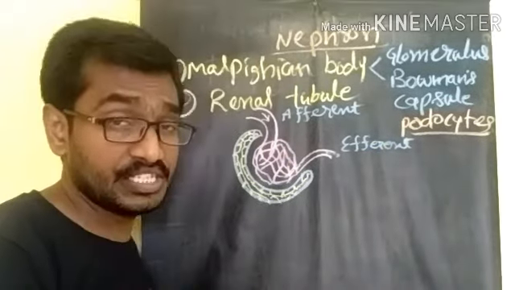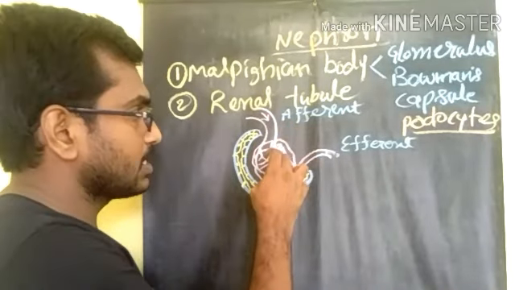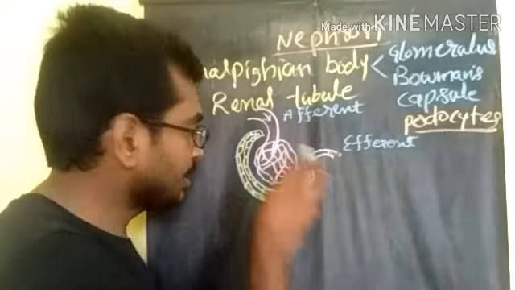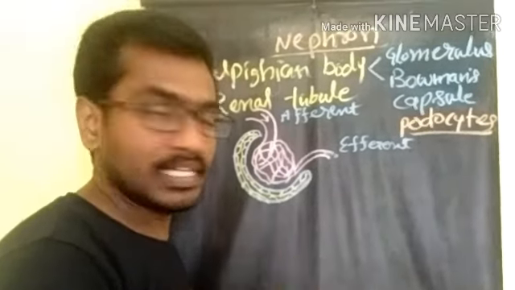That tuft of capillaries formed by the afferent arteriole in the Bowman's capsule we call a glomerulus.